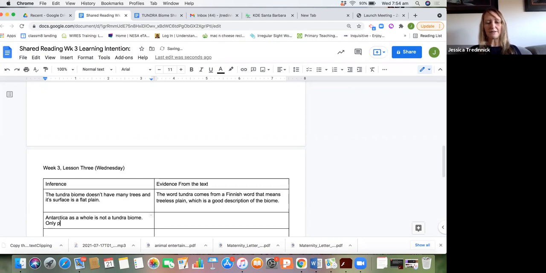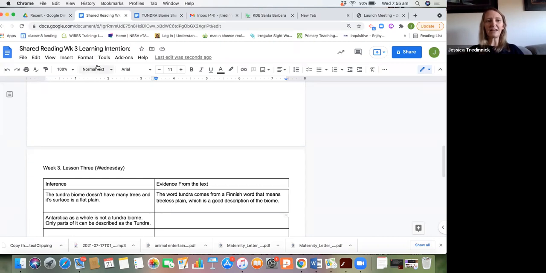Only parts of it, or maybe I'm going to say only parts of it can be described as the tundra. So this is my thinking. From that text, I can see that Antarctica as a whole is not a tundra biome. Only parts of it can be described as a tundra.